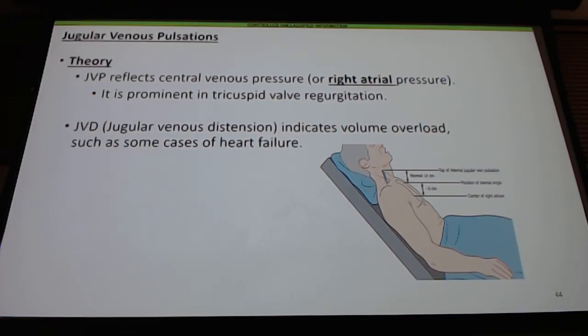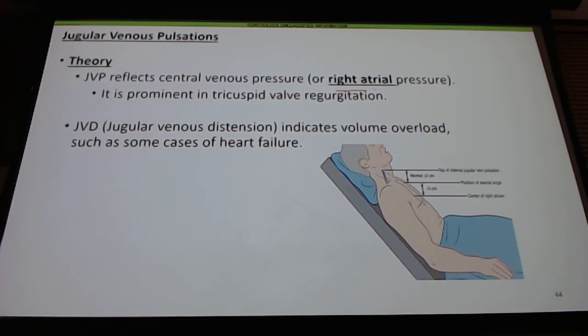Then we talked about jugular venous pulsations, and how the jugular venous pulsation and the waveforms that we can see with it give you an idea of what's going on in the right atria as far as how the pressure is in the right atria. So there's a direct link from the right atria to the jugular veins, so we can see what's going on with the pressure in there.